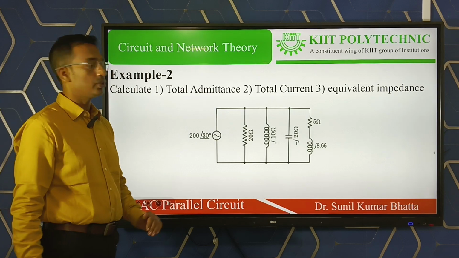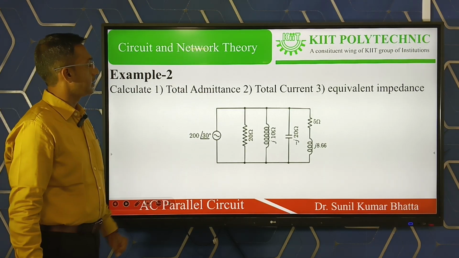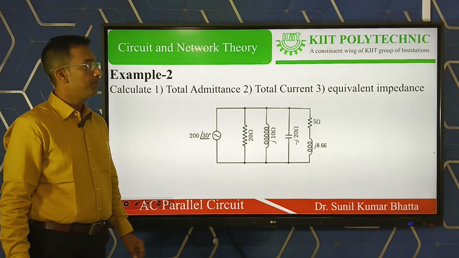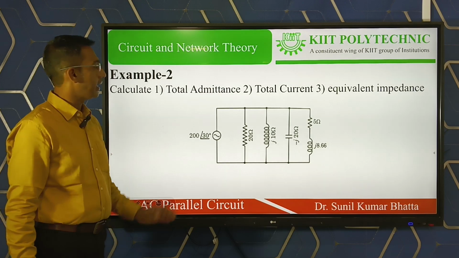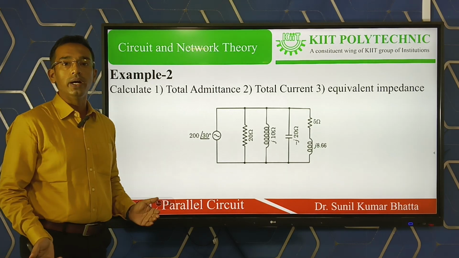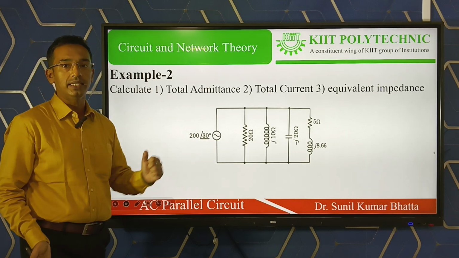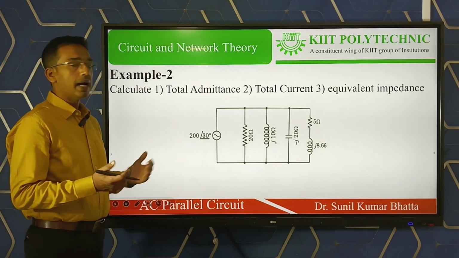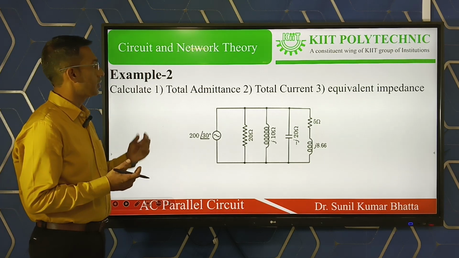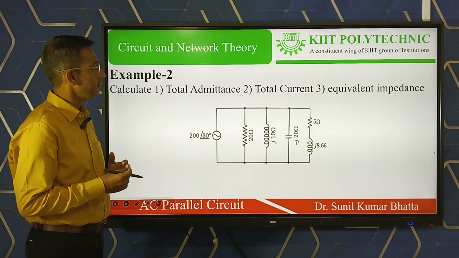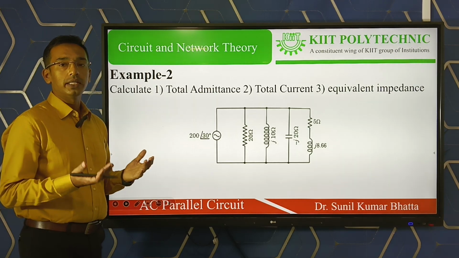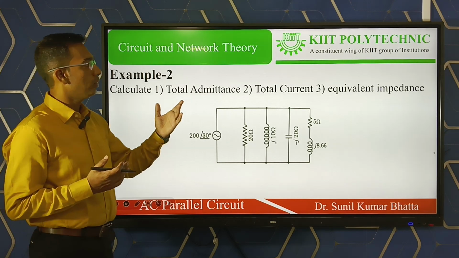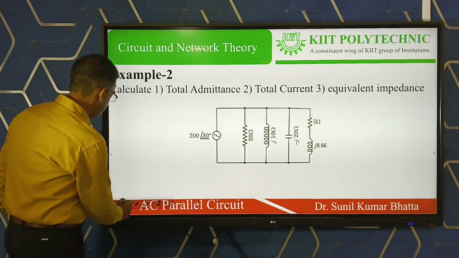For this circuit, the question asks to calculate the total admittance Y, then the total current I, then the impedance. Y we can easily calculate: Y equals Y1 plus Y2 plus Y3 plus Y4, because four branches are there. Then the total current is I equals V into Y.